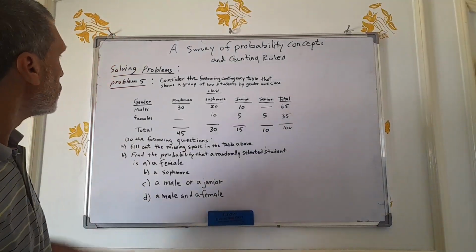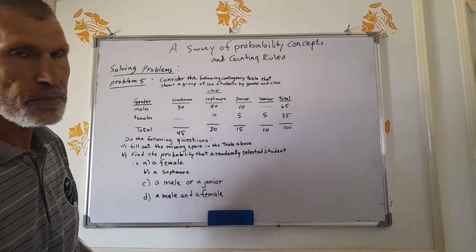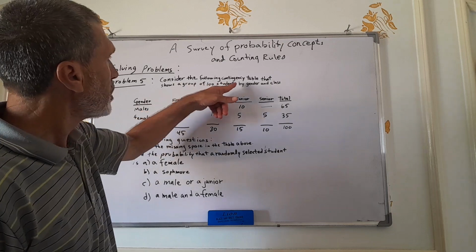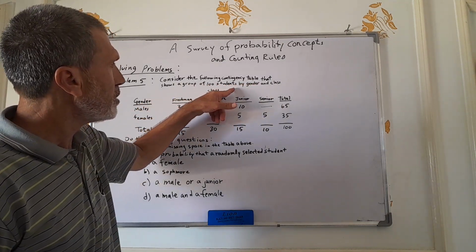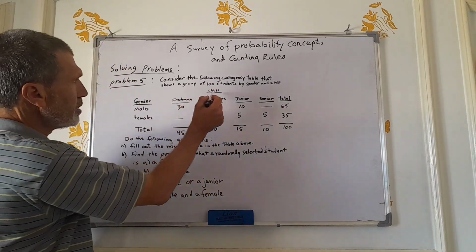Okay, now we move to solving problem 5. Problem 5 talks about a contingency table. It says, consider the following contingency table that shows a group of 100 students by gender and class. So you have gender here and class.